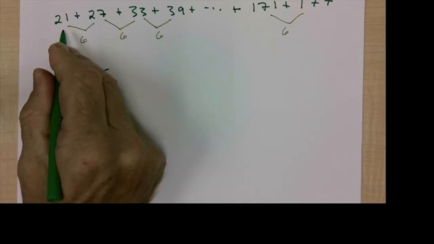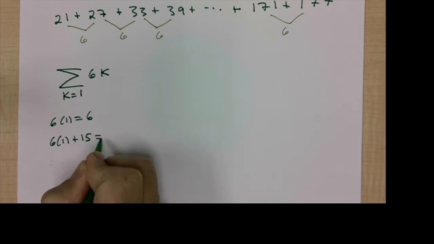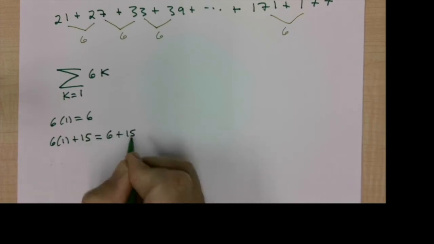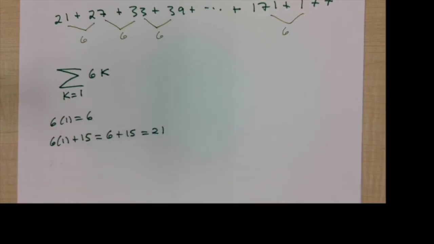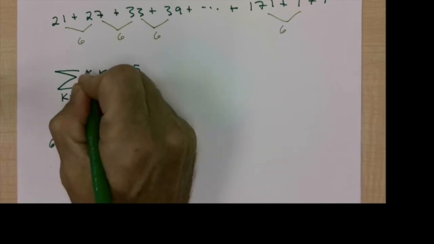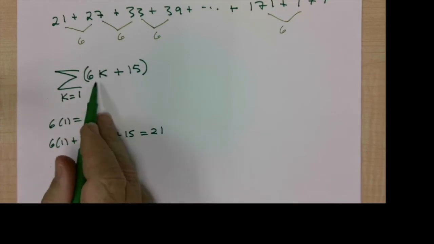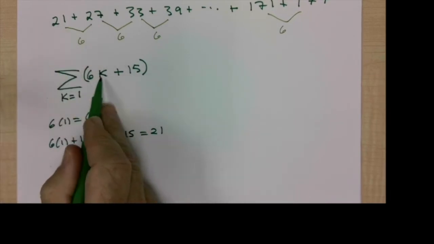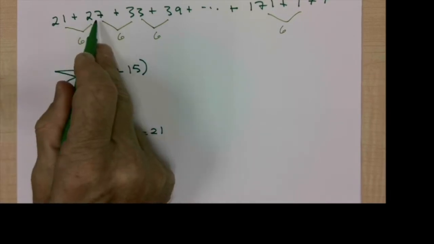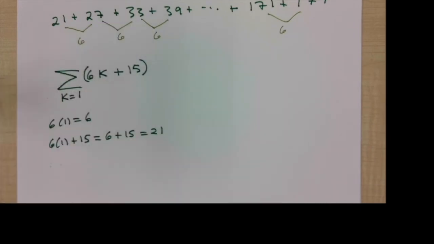So how do I get to 21? 6 times 1 plus 15 equals 6 plus 15, which is 21, so I need to add 15 to my 6k. Now let's check. 6 times 1 is 6, plus 15 is 21. 6 times 2 is 12, plus 15 is 27. 6 times 3 is 18, plus 15 is 33. That looks good.